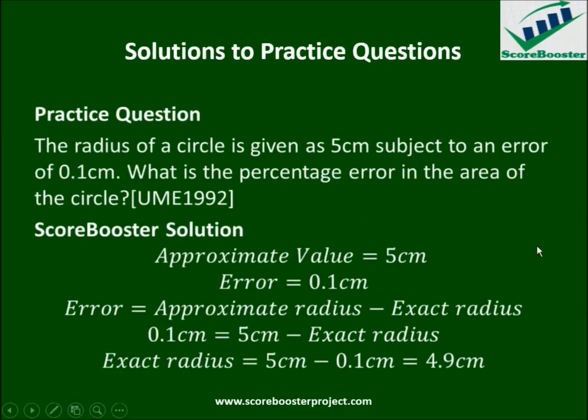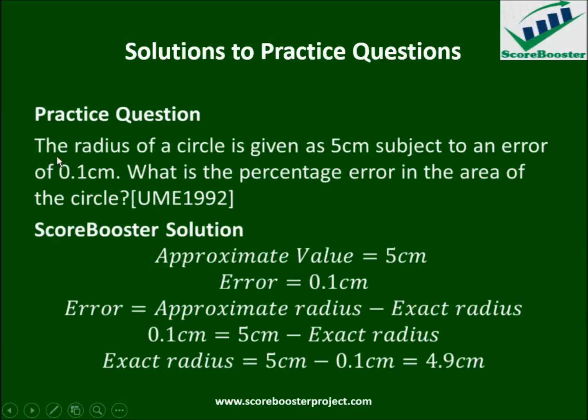So the next practice question: the radius of a circle is given as 5 cm, subject to an error of 0.1 cm. What is the percentage error in the area of the circle? This question is from UME 1992, and the ScoreBooster solution: the approximate value equals 5 cm.